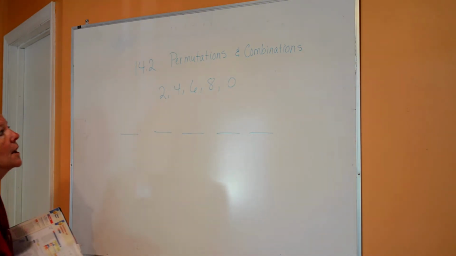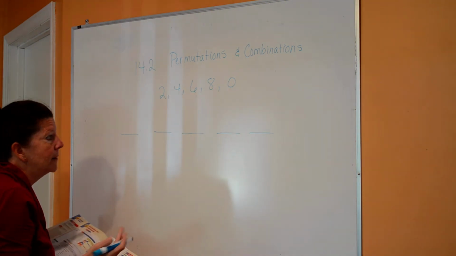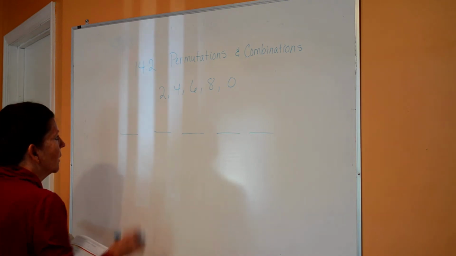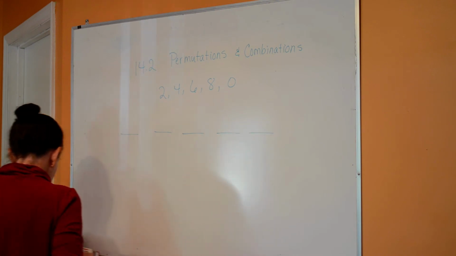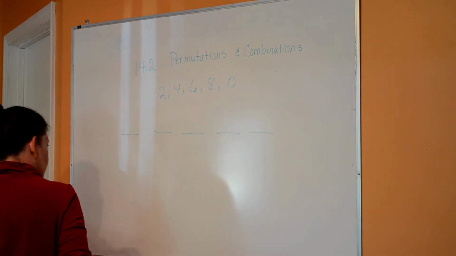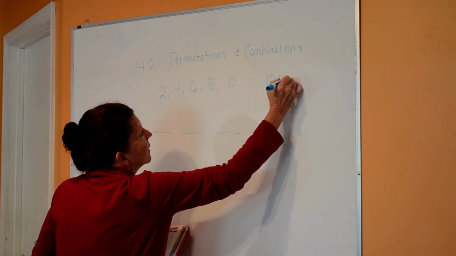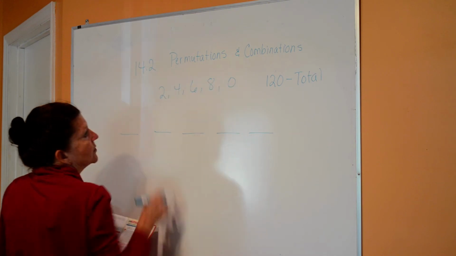So that is the permutation of 5 things taken 5 at a time, which is the same thing as 5 factorial. So 5, 4, 3, 2, and 1. If I do that out, I'm going to get 120 total possible ways to arrange that.